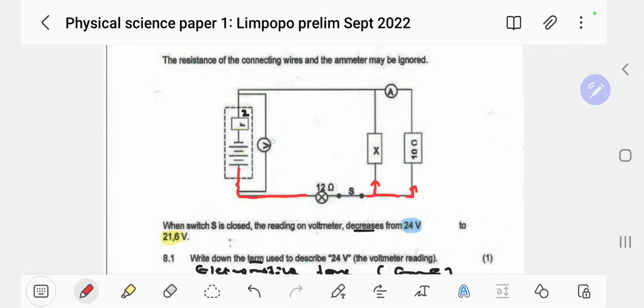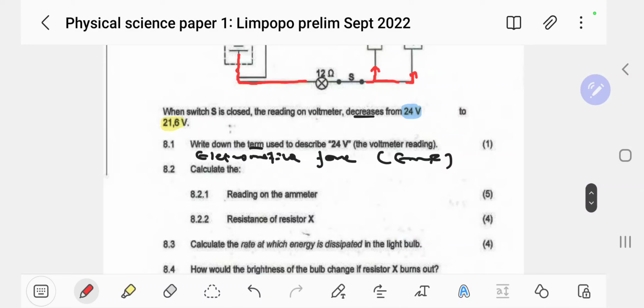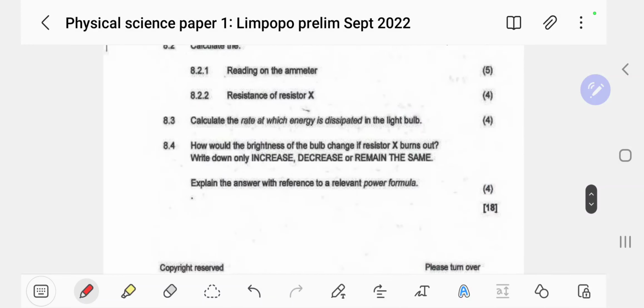If we can find the voltage across these two, the voltage across these two plus this one should give us that. So if we take this voltage and take out that, it's going to be the voltage across that, and then it's going to be easy.